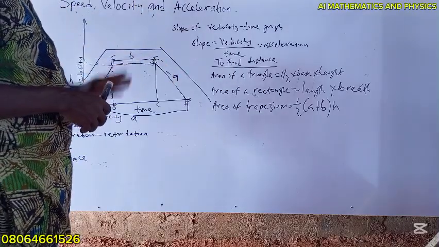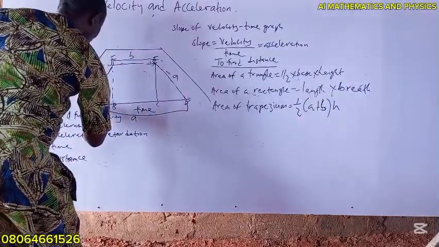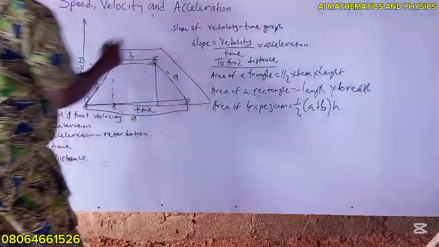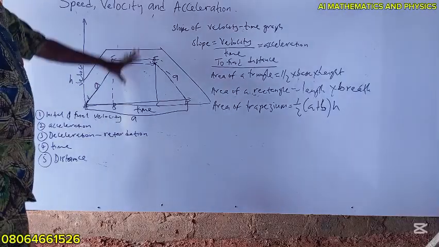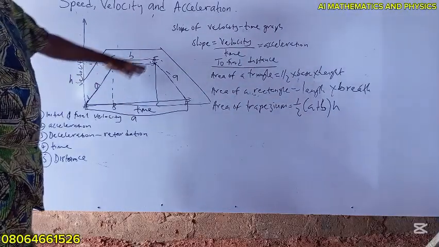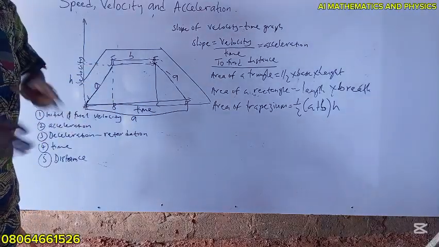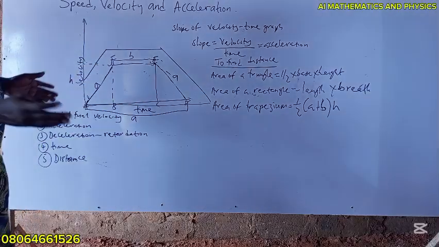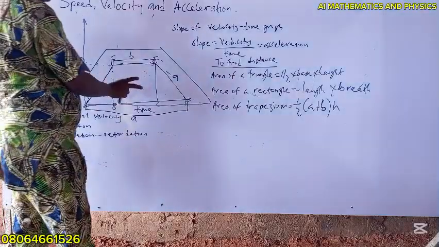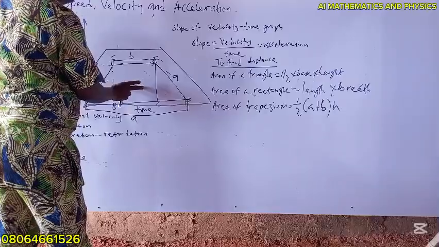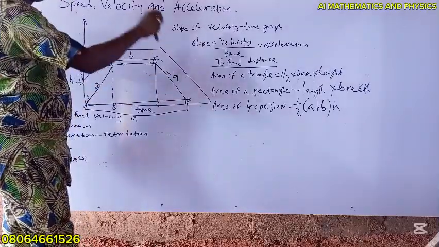But what you need to know in this is that for velocity against time, the slope is acceleration. You can also find the time in this graph. You can find deceleration. You can also find distances or total distance, because you can find distance from the first journey here, distance when moved at constant velocity, and distance when that body decelerates.